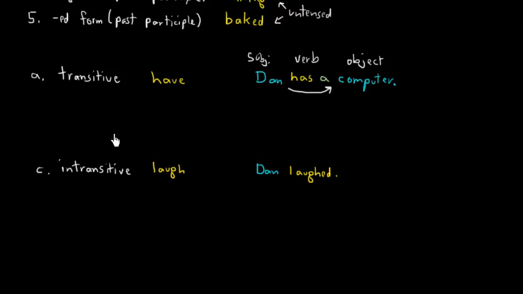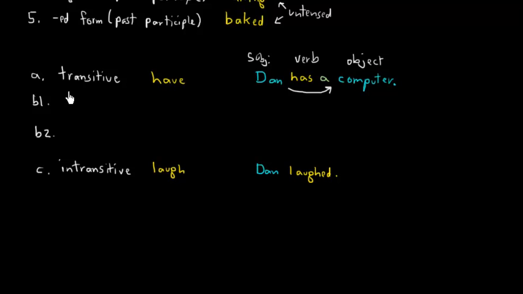Okay, so it's intransitive. Now it turns out that there are very few intransitive verbs, or that are always intransitive. There are more verbs that are always transitive, but again, the biggest number fall into the middle category here. And those are words that can be used either intransitively or transitively.